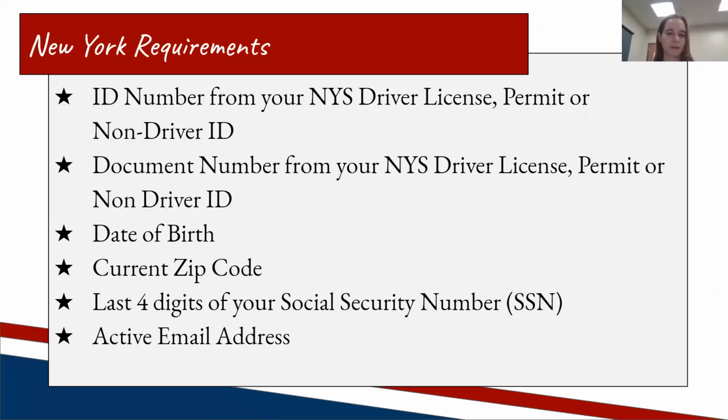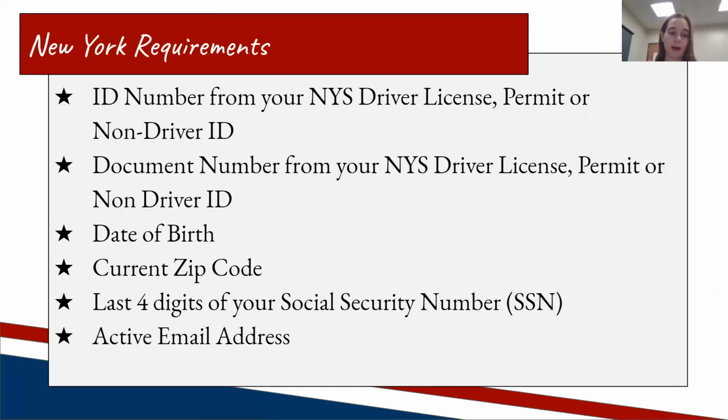All right, in New York State, to register to vote, you will need the ID number from your New York State driver license, permit, or non-driver ID, the document number from your New York State driver license, permit, or non-driver ID, your date of birth, current zip code, last 4 digits of your social security number, and an active email address.